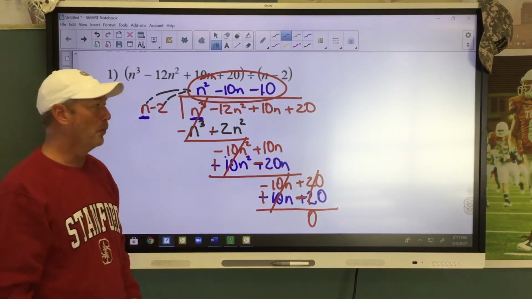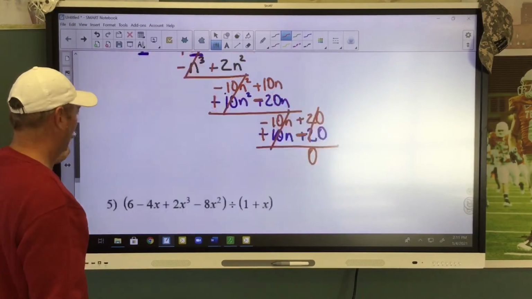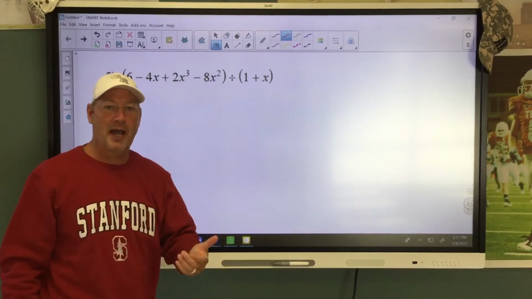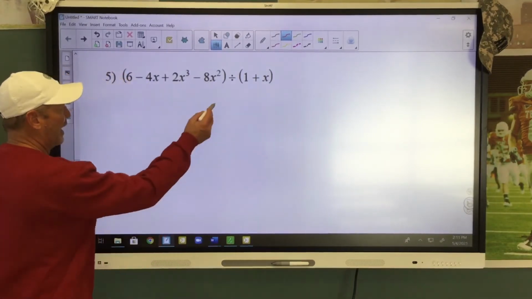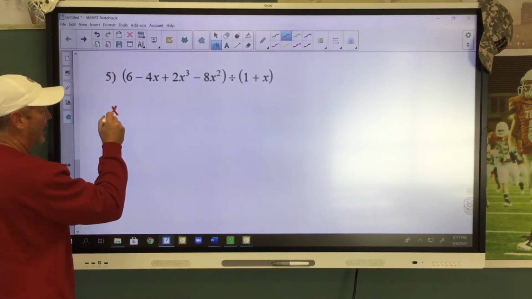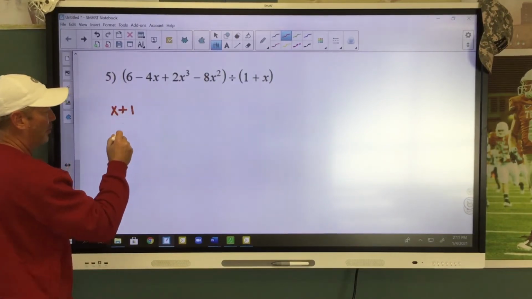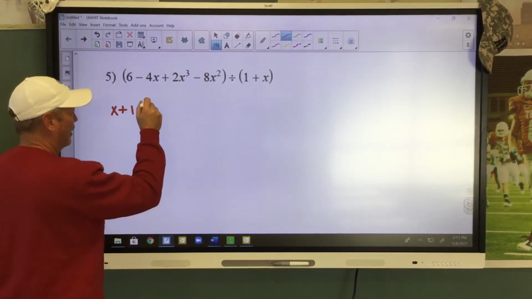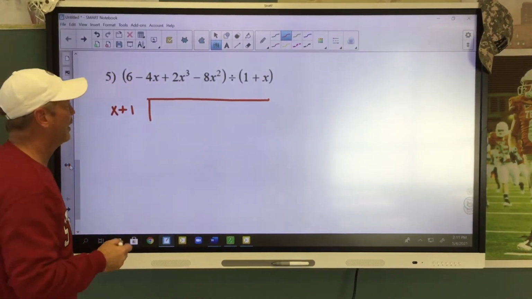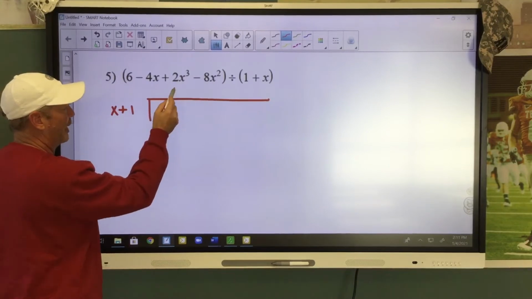All right, let's try one more. This one's a little scrambled, so we have to write it correctly. I like the variable in front. So we're going to say x plus 1 divided into, where's the highest exponent? Right there, x to the third.